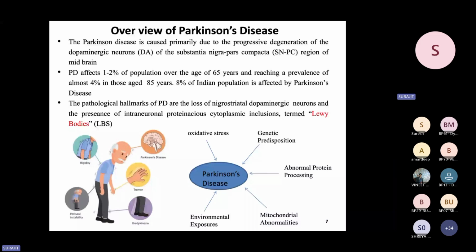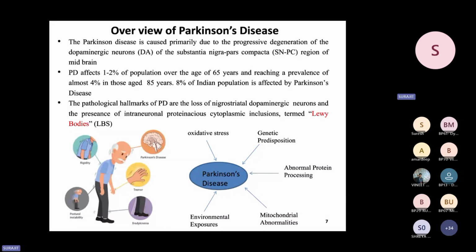The pathological hallmarks of PD are loss of nigrostriatal dopaminergic neurons and the presence of intraneuronal proteinaceous cytoplasmic inclusions, which are termed Lewy bodies. During brain dissection of a deceased patient, we can find a Lewy body present within the brain.